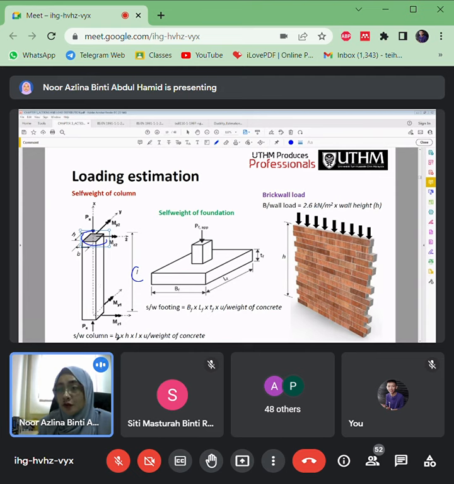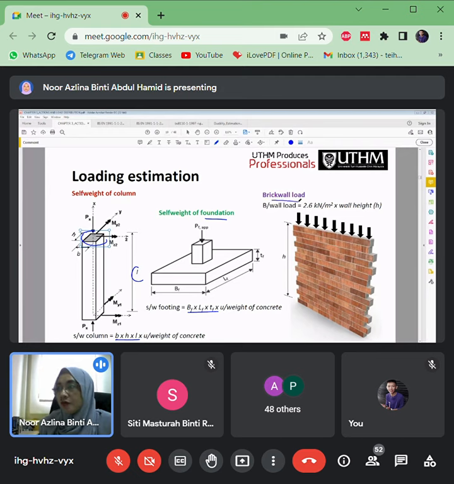So that's why it is B multiplied by H multiplied by L, and you have to multiply with the unit weight of concrete. If the column is made of concrete. If it is timber or steel, you have to multiply with the unit weight of that material. Same goes for the foundations here. We calculate the volume, B, L, and also its thickness, with the unit weight of concrete.